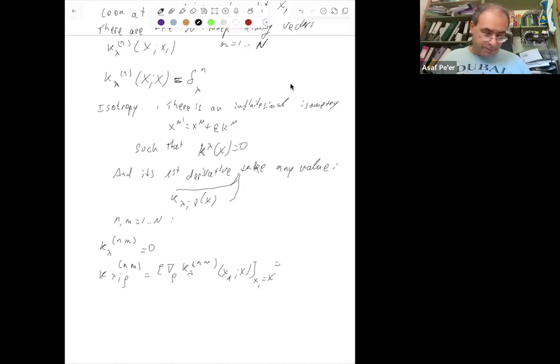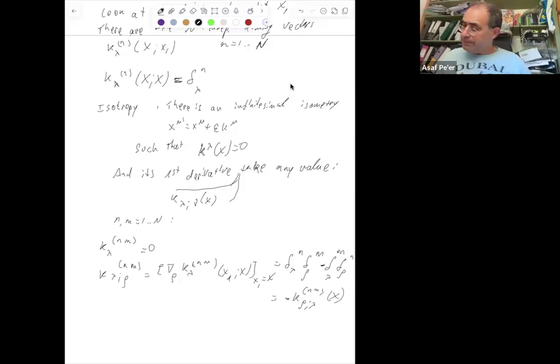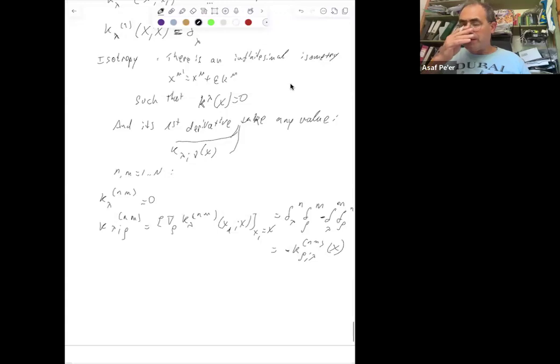What would that be? It would just be the delta functions, delta lambda n delta rho m minus delta lambda m delta rho n, which is, of course, minus k rho lambda of n and m at x, which is nothing but to say that the first derivative is antisymmetric.